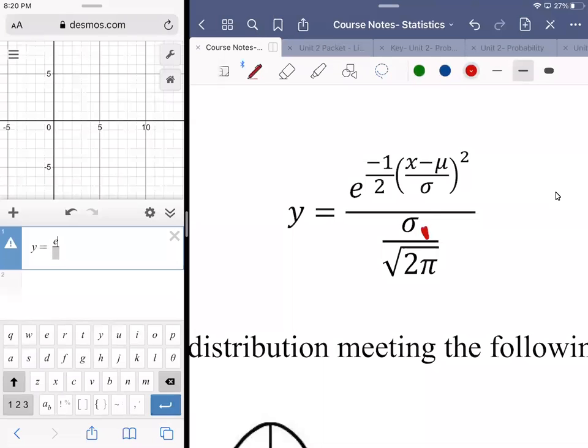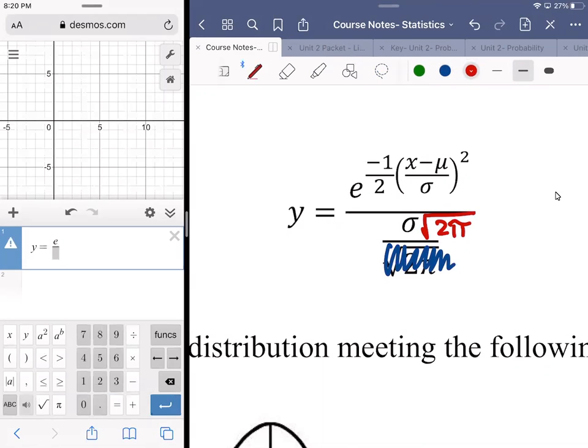This is supposed to be times 2 pi. I fixed it in every other class except for this one. So anyway, raised to the, I'm going to write it as negative 0.5 times another fraction, x minus mu.